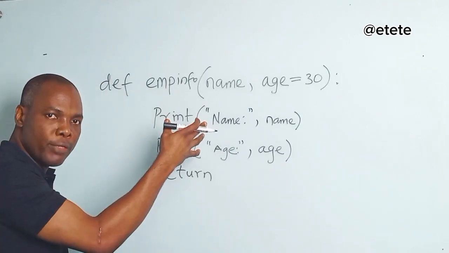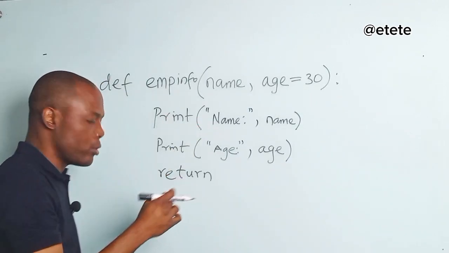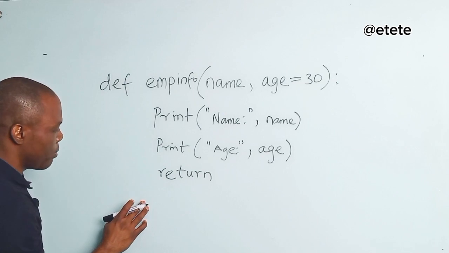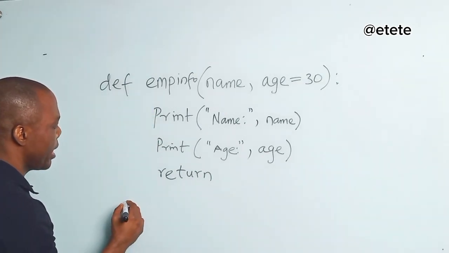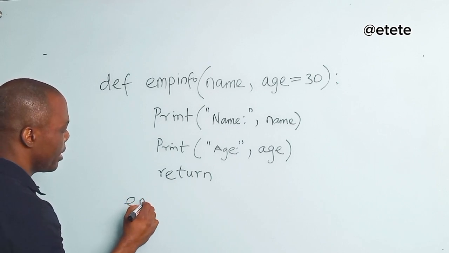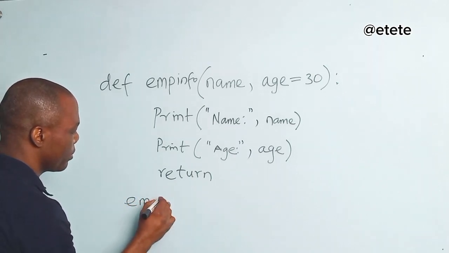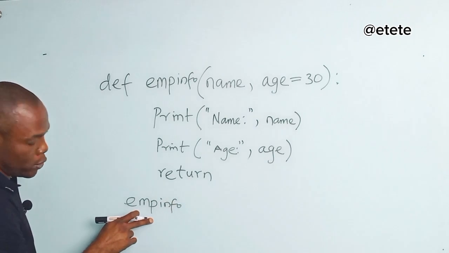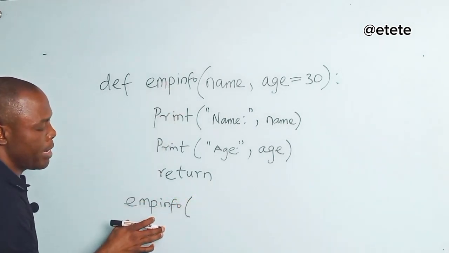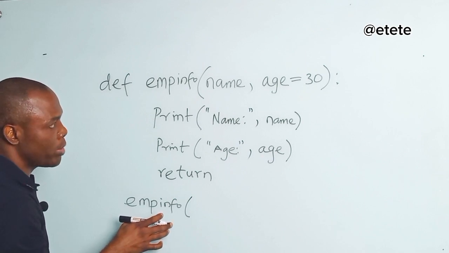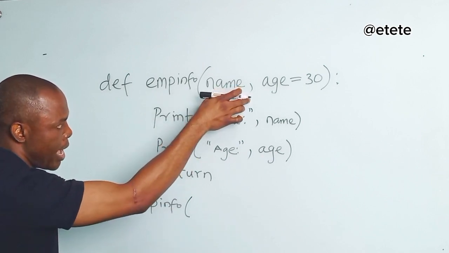Now I'm going to call this function, and I'm going to supply parameters to it. So what I would do here is I'll call the function. Now in calling the function, I'll write here emp_info, employee info. So this is the function I'm calling. Now I'm going to supply the argument, the actual argument to this argument.